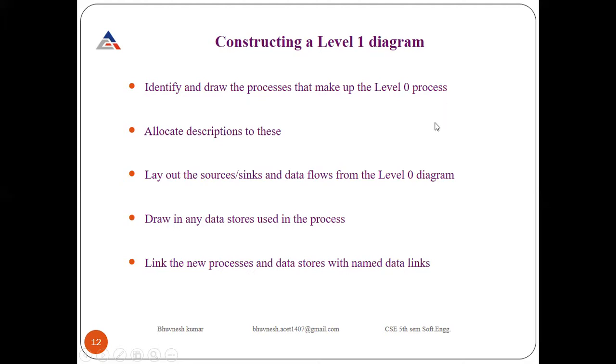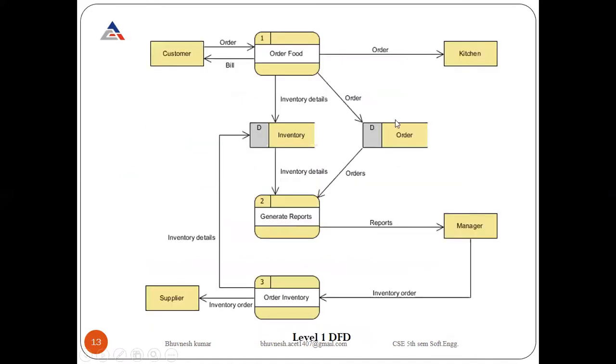We will decompose our main process into sub-processes and allocate a description to each process. Lay out the source, sink, and data flow from the level 0 diagram. Draw in any data stores used in the process. Link the new processes and data stores with named data flows. And this is your level 1 diagram.